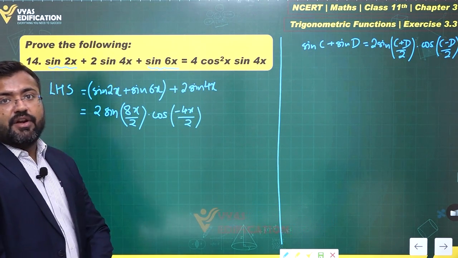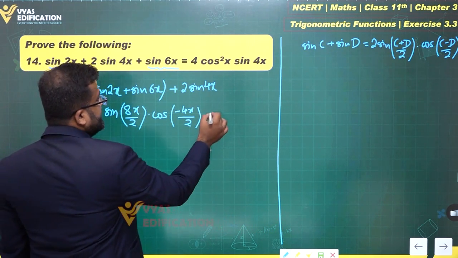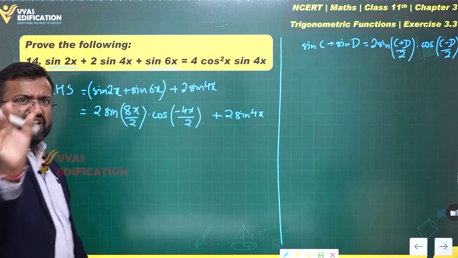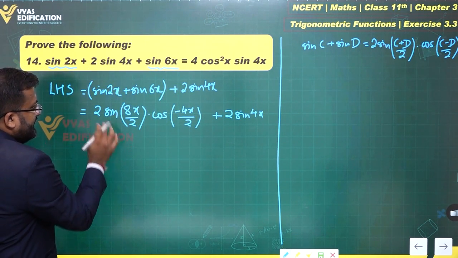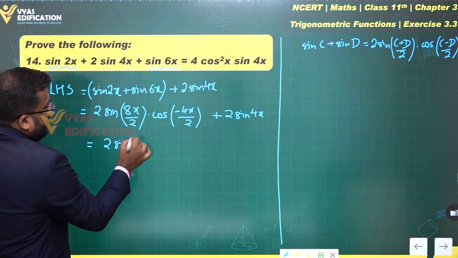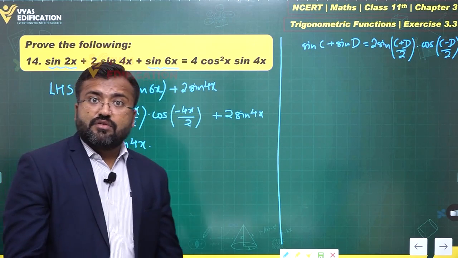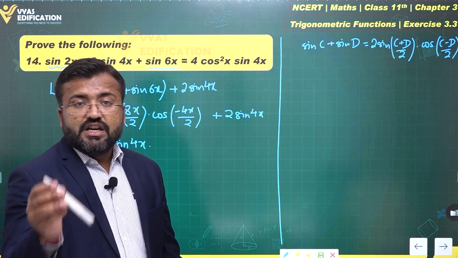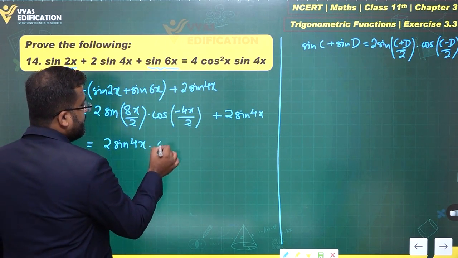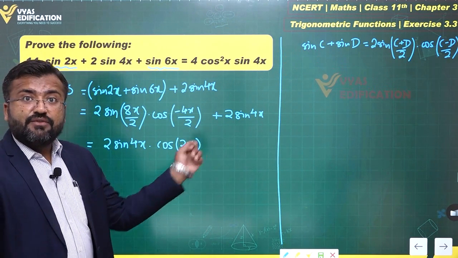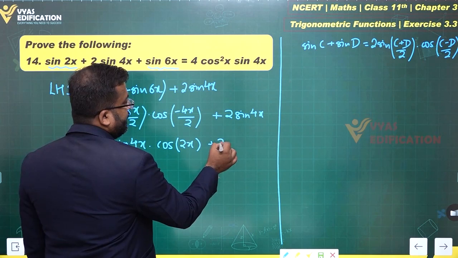This is simply plus 2 sine 4x. This becomes 2 sine 4x, and this becomes cos of minus 2x. Now, cos of minus theta is the same as cos of theta. So I can write it as cos of 2x. That 2 sine 4x remains as it is.